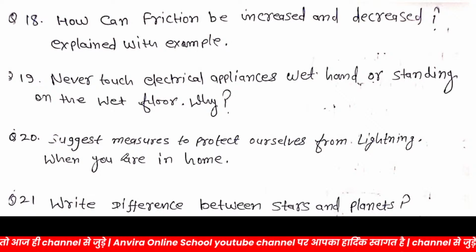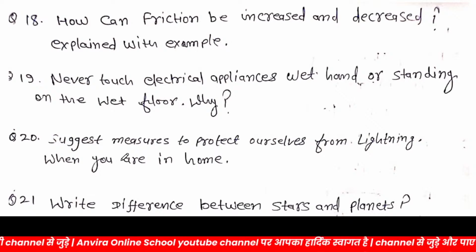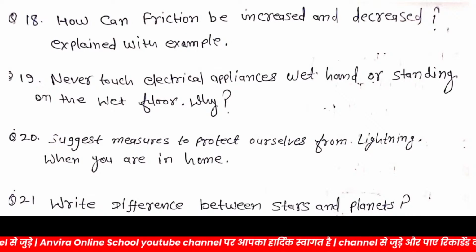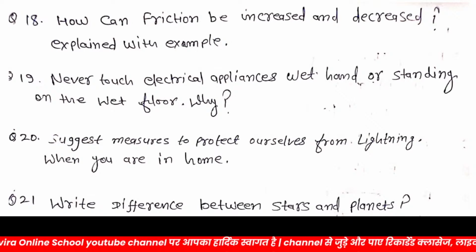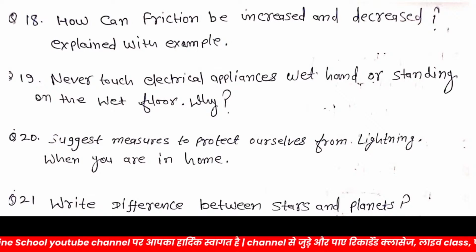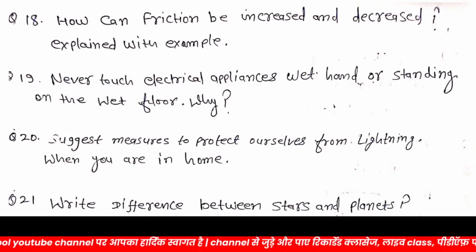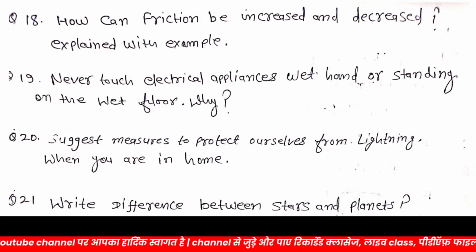Kabaddi players rub soil on their hands to increase friction. Similarly, we can reduce friction by using powder. For example, we spread powder on a carom board to minimize the friction.